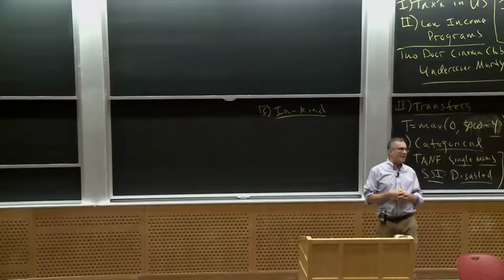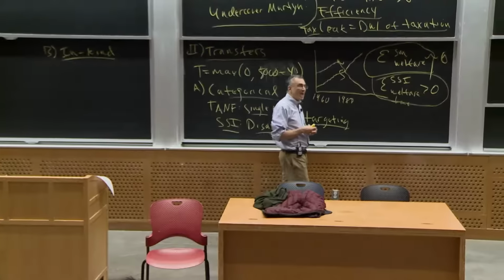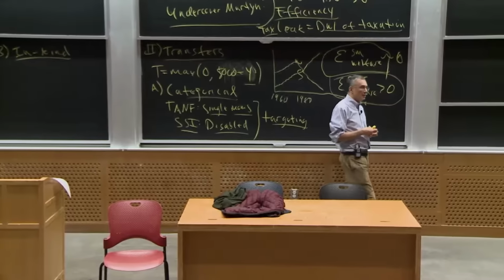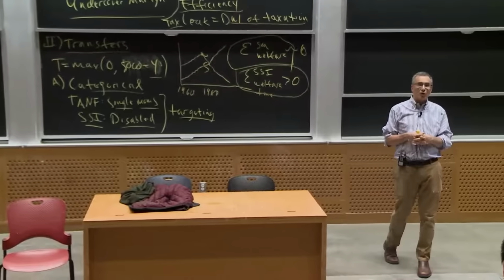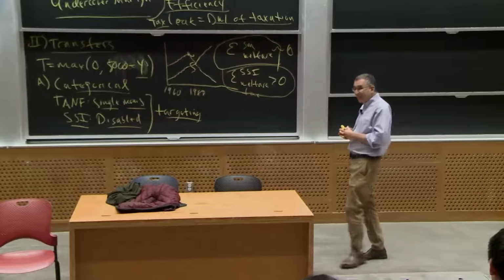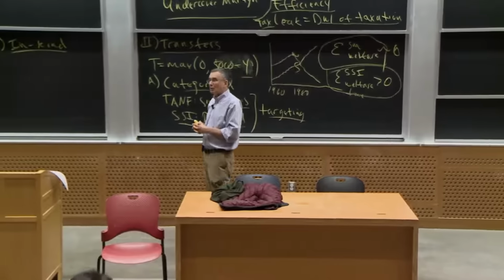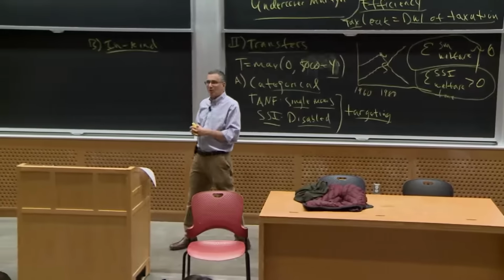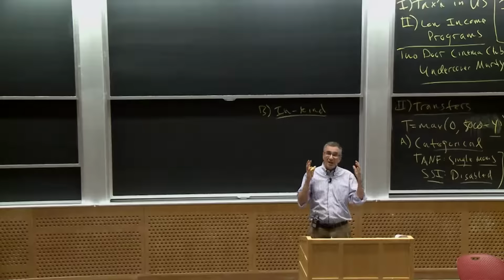You remember way back in like the third lecture, I talked about food stamps and how it'd be more efficient to give people cash, but we don't because we think they'll spend it on cocaine. Okay? That's the main reason we do in-kind benefits realistically, is because we don't trust people to spend their money. But there's an economic logic for it, which is that it's a way to get people to reveal their types when you can't really know who should be targeted and who shouldn't. Okay? Once again, the trade-off.